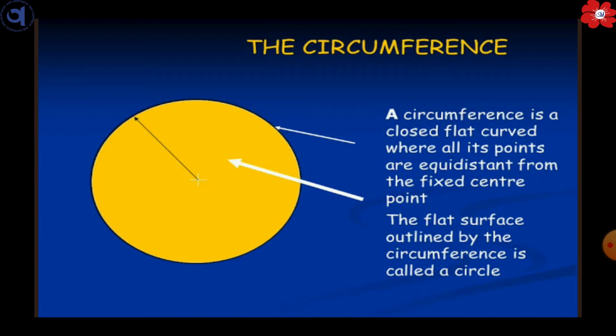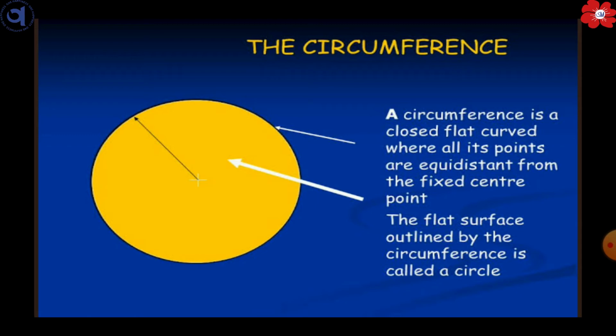What is circumference? A circumference is a closed flat curve where all its points are equidistant from the fixed center point. Earlier we learned the center is a fixed point and a circle is a collection of points at a fixed distance from it. This collection of points forms a closed figure.